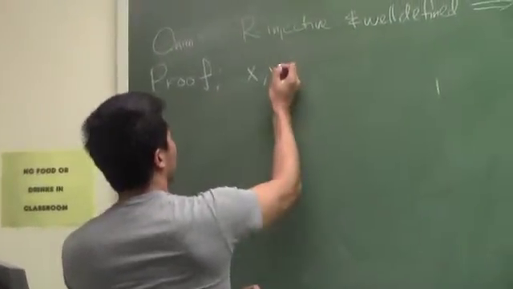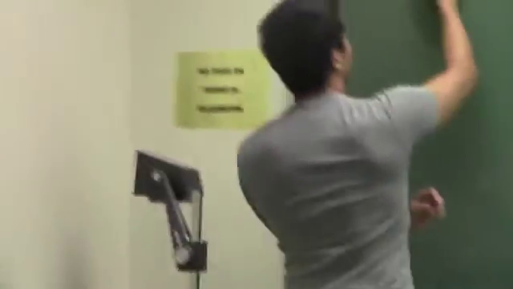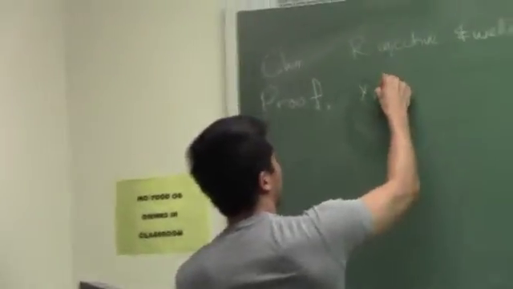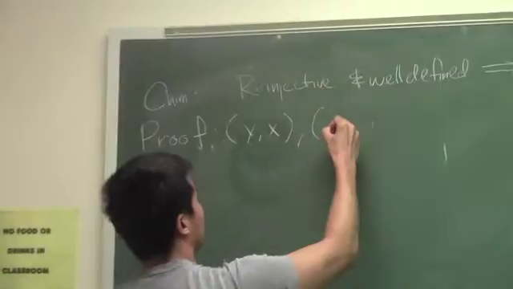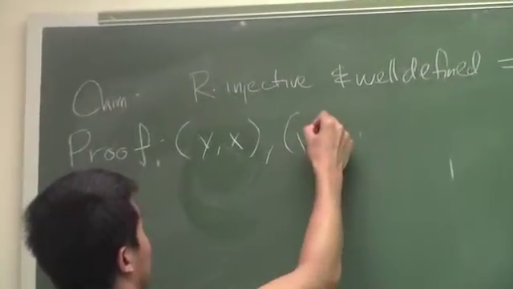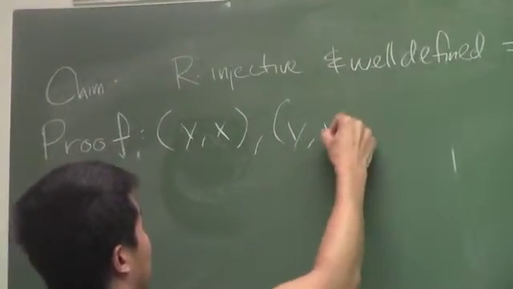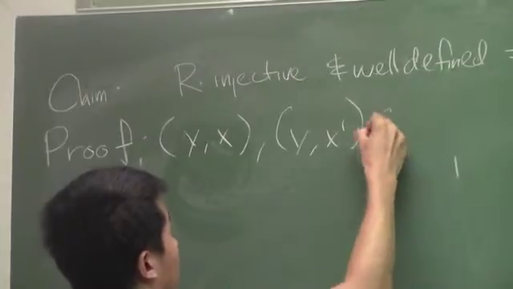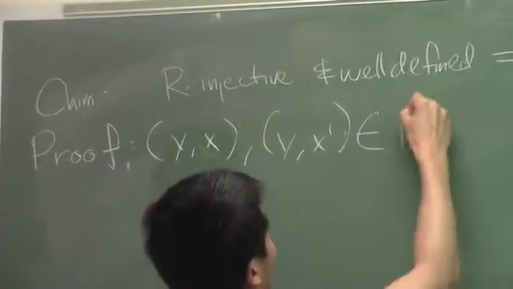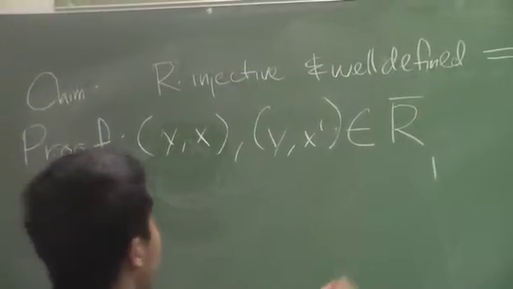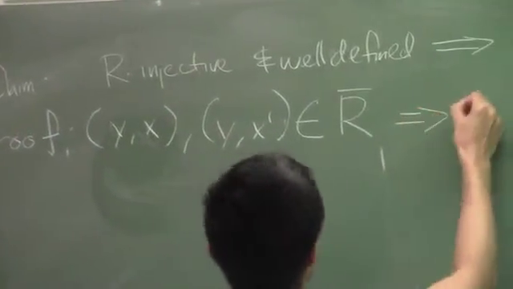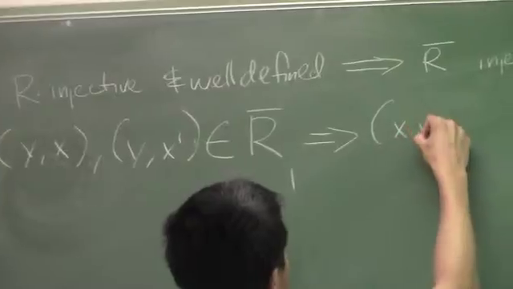No, maybe make it y, x, comma, y, x prime in R bar implies x, y.